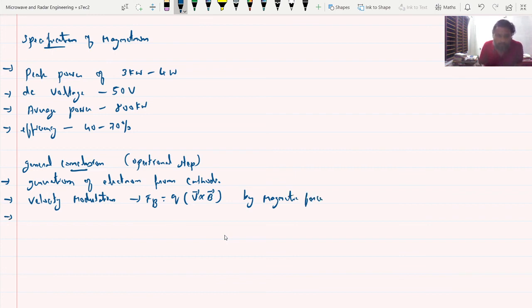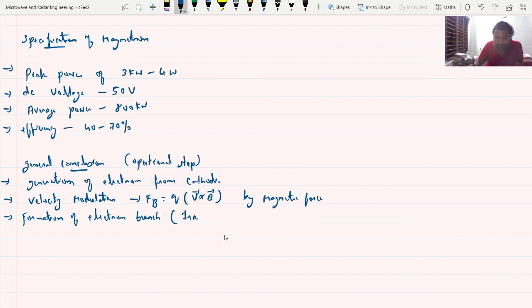Next point is formation of electron bunching. Formation of electron bunch is nothing but transfer of energy.